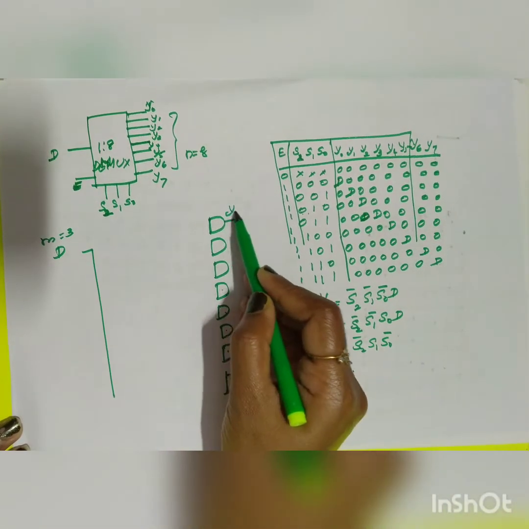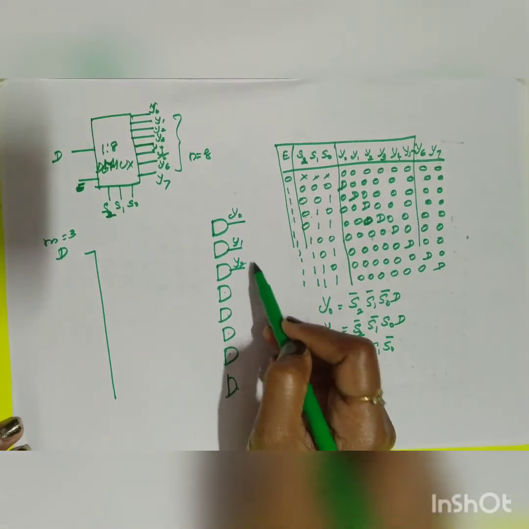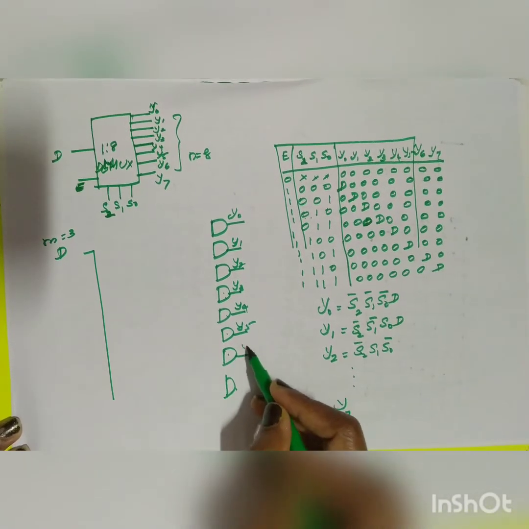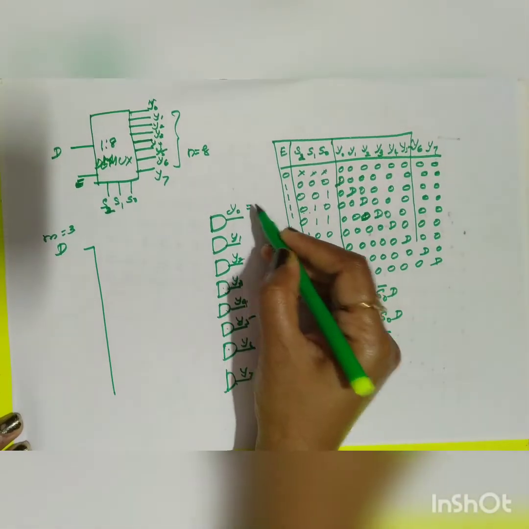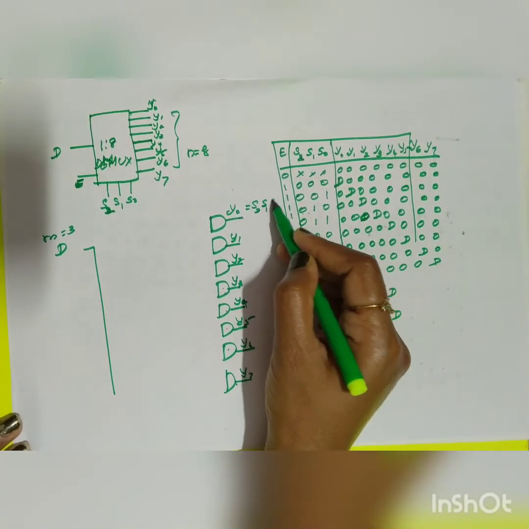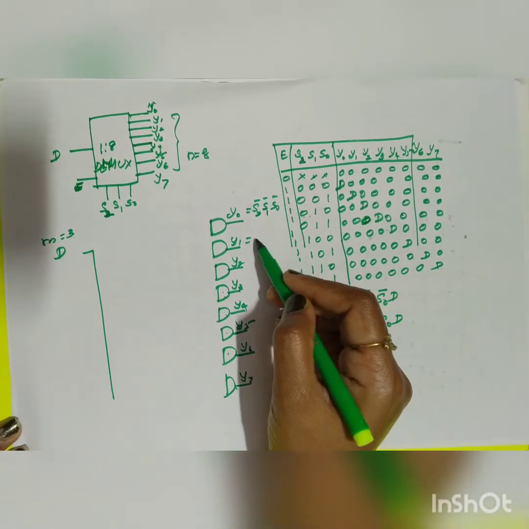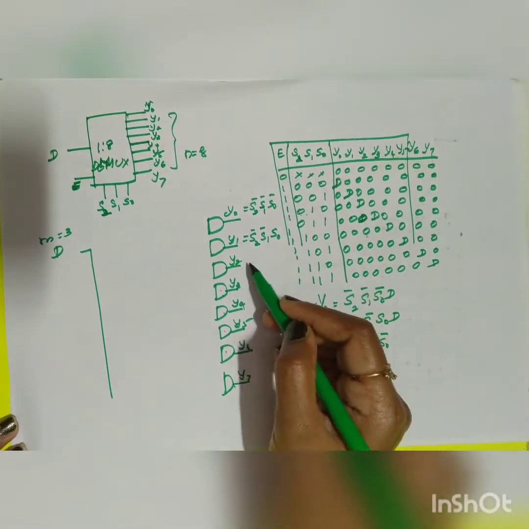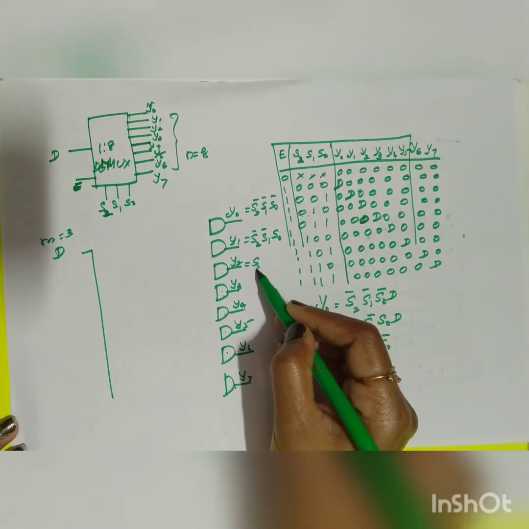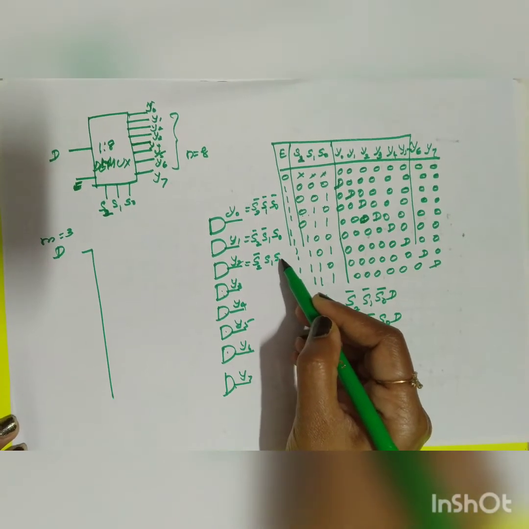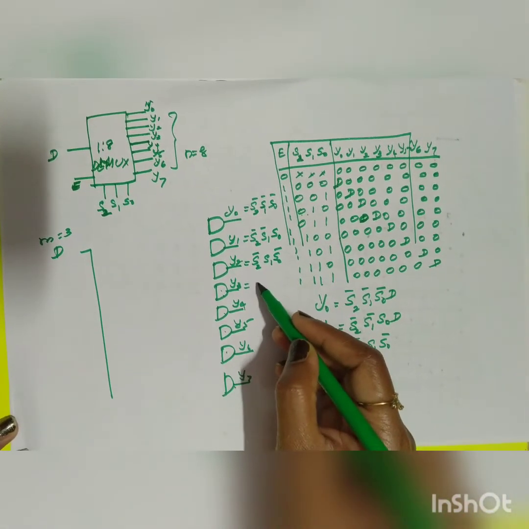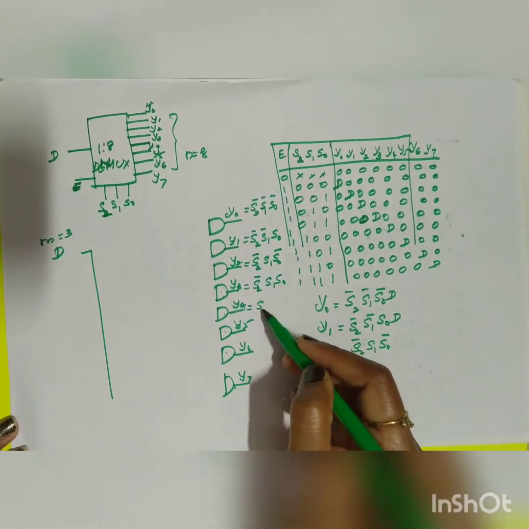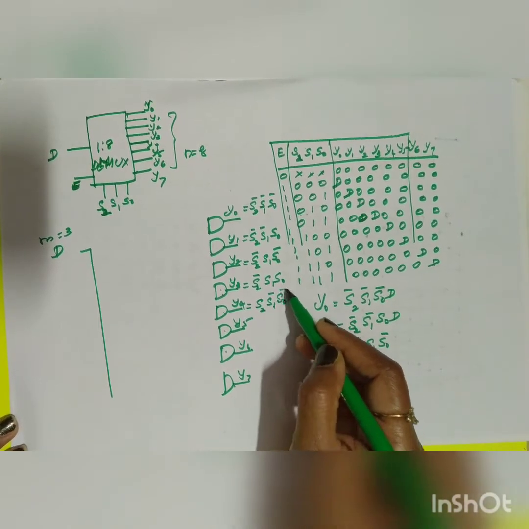Similarly, you can write here Y0, Y1, Y2, Y3, Y4, Y5, Y6, Y7. First case it is 0 0 0, so S2, S1, S0, everything is complemented. Second one is 0 0 1, so S2 bar, S1 bar, S0. Then 0 1 0, so S2 bar, S1, S0 bar. Then 0 1 1, so S2 bar, S1, S0. 1 0 0 is S2, S1 bar, S0 bar.